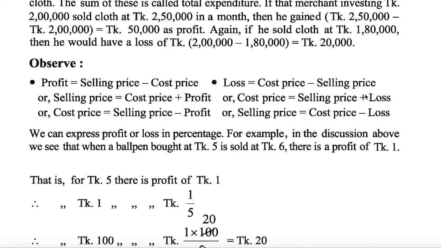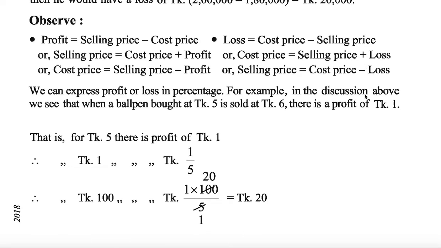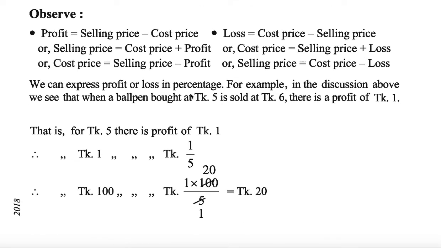Okay, so we can express profit or loss as a percentage of either selling price or cost price. For example, in the discussion above, we see that when a ball pen is bought at 5 and sold at 6, there is a profit of 1 taka.